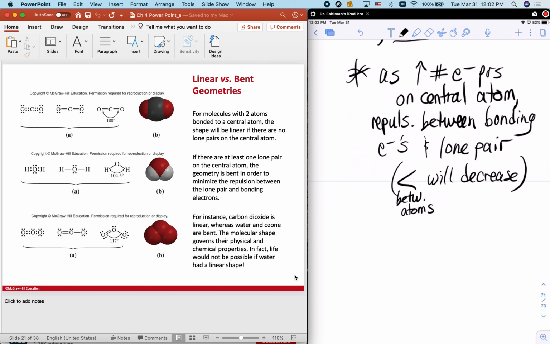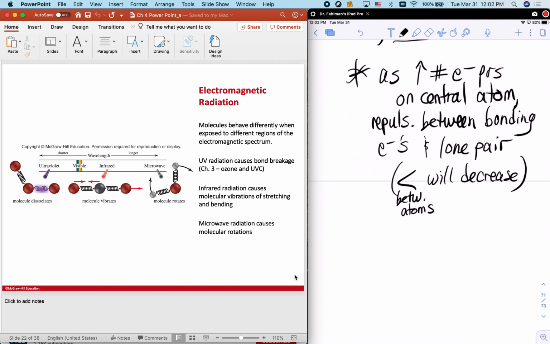All right, so what we're going to talk about here, this first part of the lecture, is related to the context of climate change. And so we're really just concerned about what happens to a molecule when infrared radiation is absorbed. And infrared is not strong enough to break bonds like UV is.